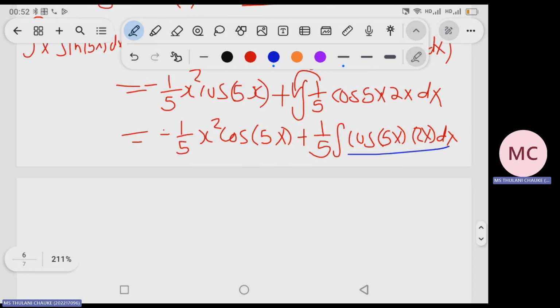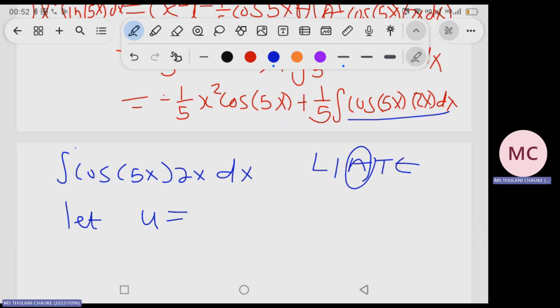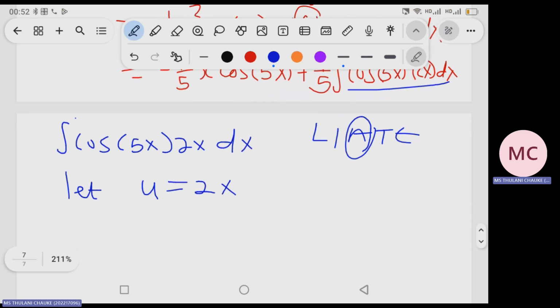So the integral of cosine of 5x times 2x dx. So I'm gonna let my u be equal to, using LIATE, the algebraic one, so our u will be 2x.